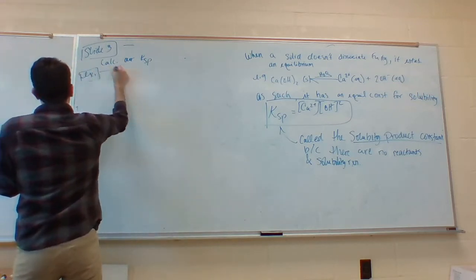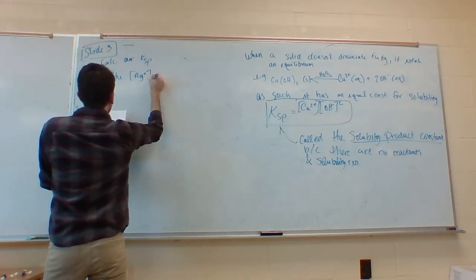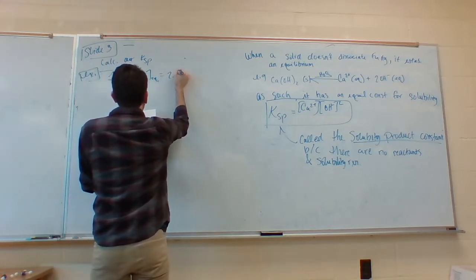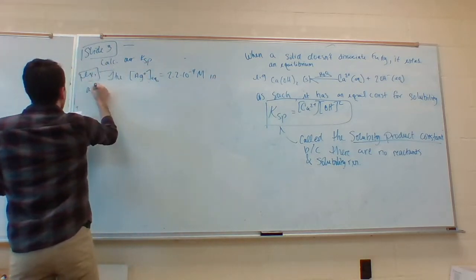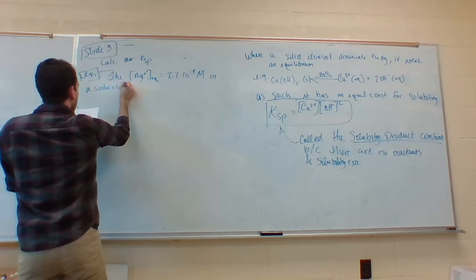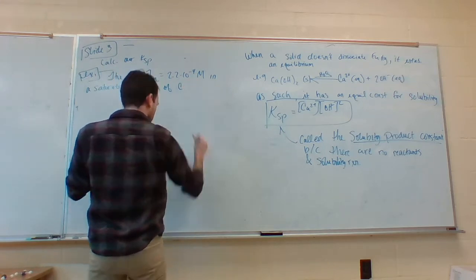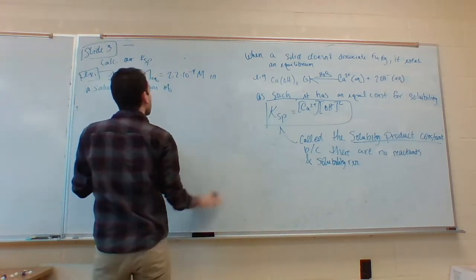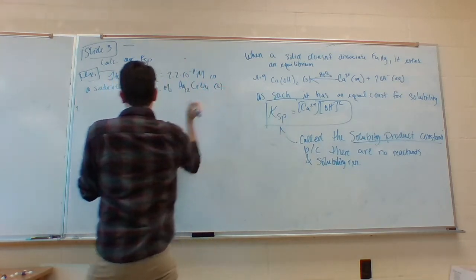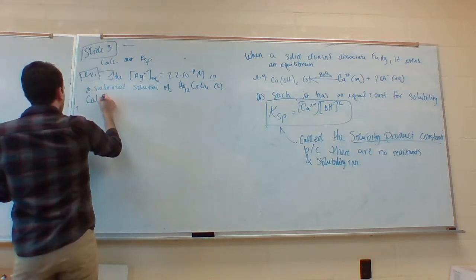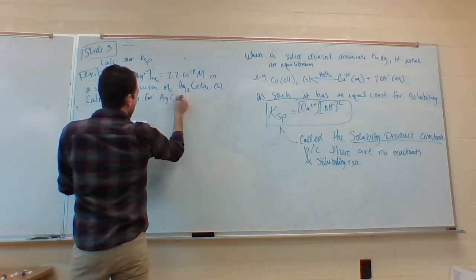An example of that would be the concentration of silver plus at equilibrium is equal to 2.2 times 10 to the negative fourth molar in a saturated solution of silver chromate. So let's calculate our Ksp for that silver chromate.